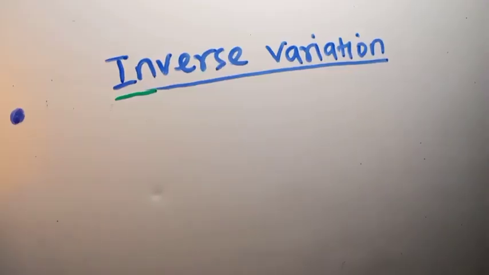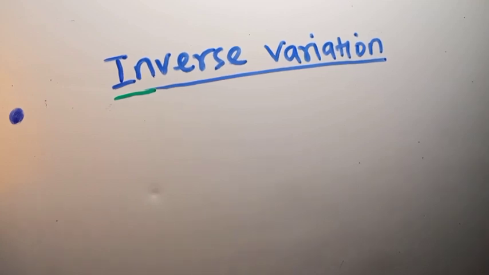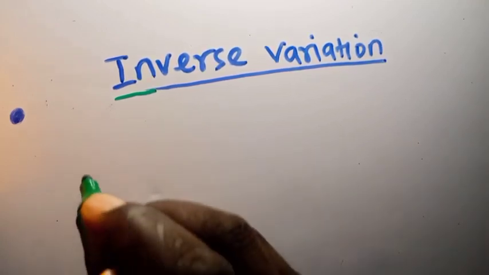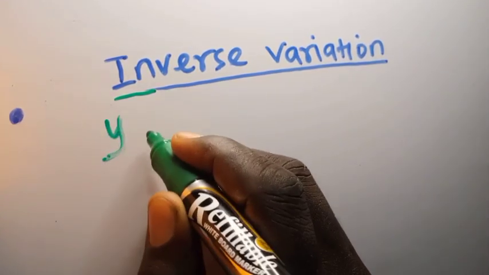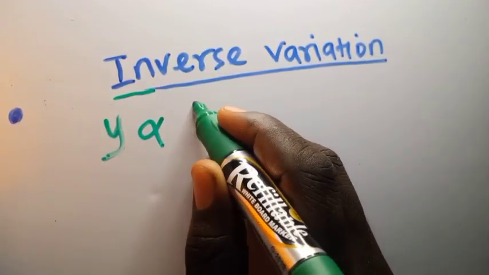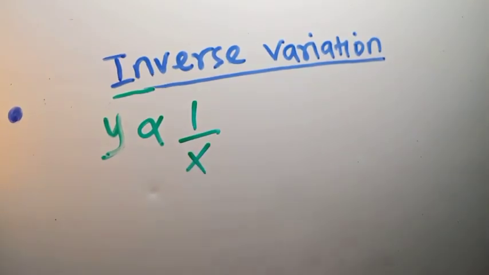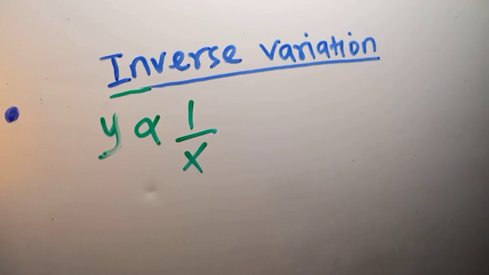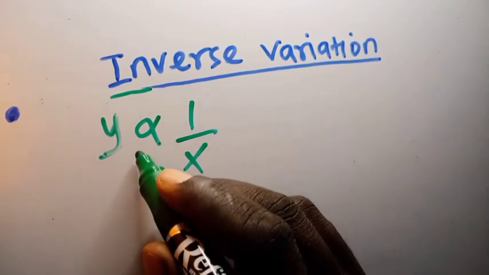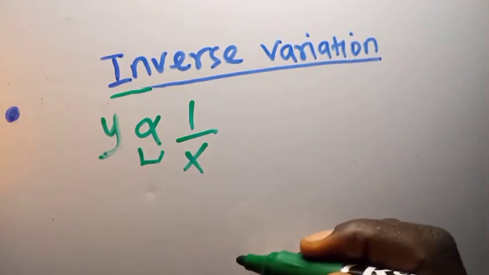Now, for example, having two variables, x and y, we can say that y varies inversely as x. In this case, this is the sign of proportionality.